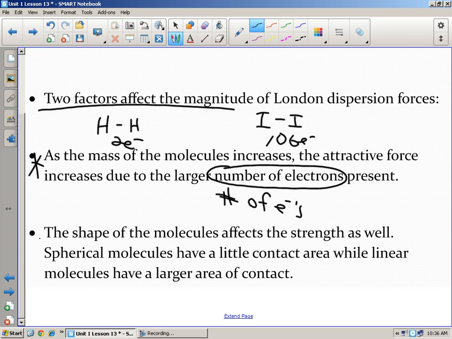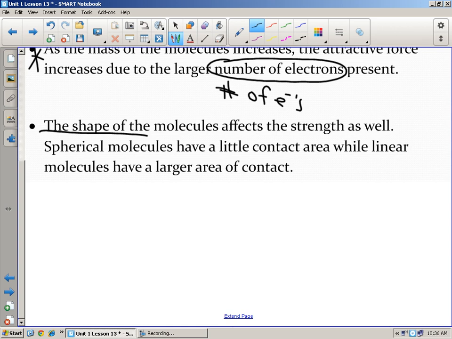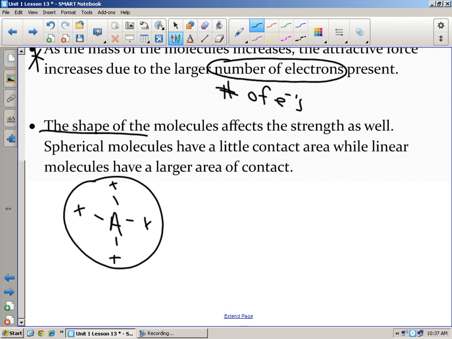The next thing we're going to talk about is the shape. And the shape, turns out, linear is better. Okay? It rhymes almost. Here's AX4. It's kind of spherical. You might say, no, it's not.